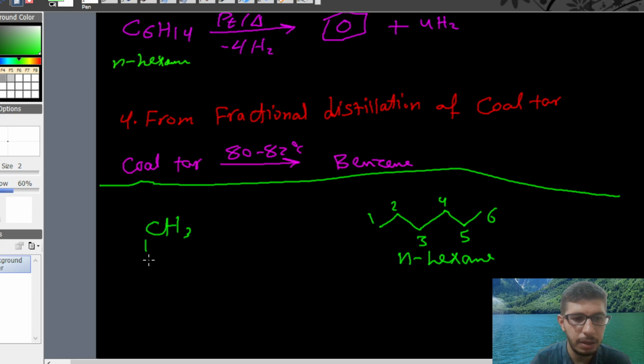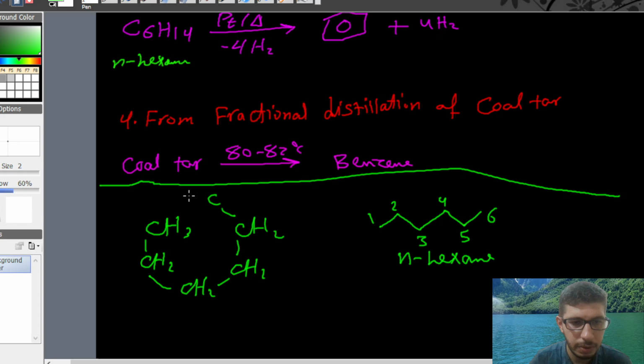So CH3, then CH2, CH2, CH2. I will write it in a different way. 1, 2, 3, 4, and 5, and finally CH3 just like this. This normal hexane is just like the normal hexane as I have drawn it here with this method.